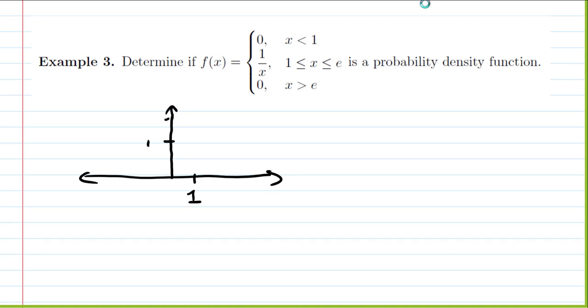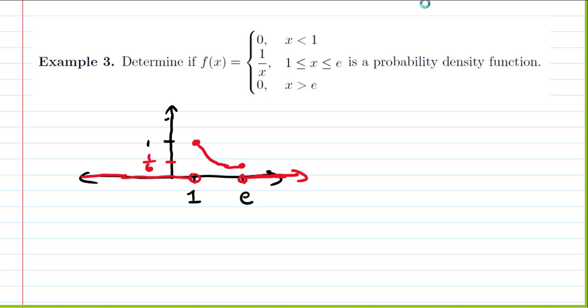We have our interval here is 1, over here is e. We have our graph is equal to 0 for all x less than 1. So it's on the x-axis. It gets to here, it has a hole. And then at 1, it jumps up to 1 over 1 is 1. And then it's going to be that part of the hyperbola, the 1 over x graph that looks like this. And out here at e, we're going to be at 1 over e. So I made it look like a straight line, and that's really not the case. It looks like this. And then at e, it drops back down and goes to this, right?